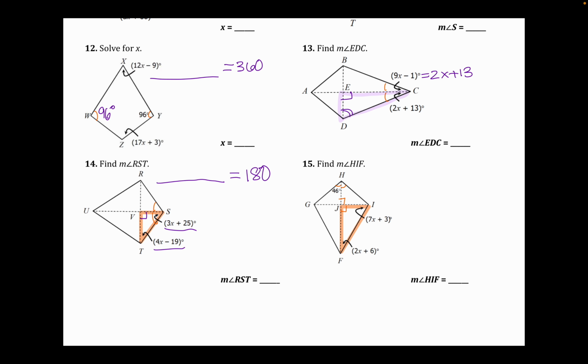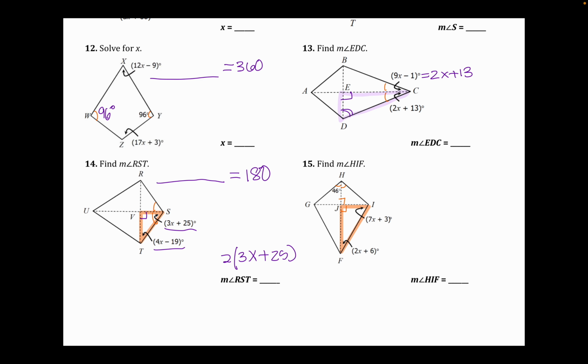And then we know that the angle we're trying to find, RST, when we know this angle, times that by 2, because these two angles are congruent. So if you got one measure, you just have to double it.